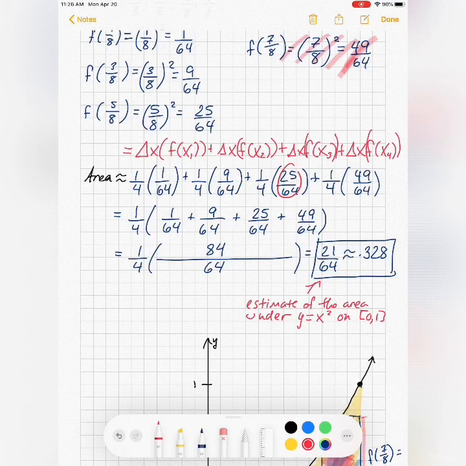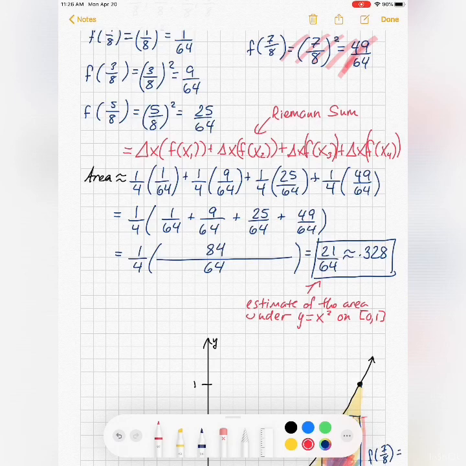Okay, and then what else was I going to tell you? This thing is called a Riemann sum. Okay, so what did we do there?